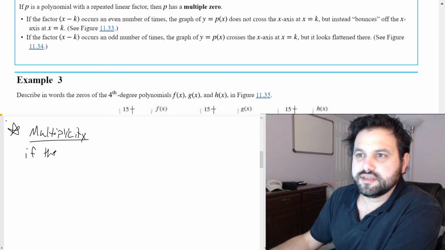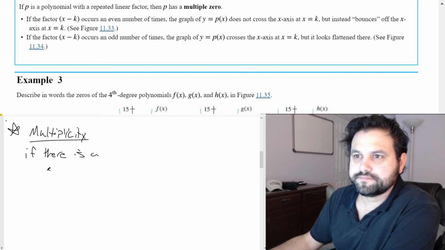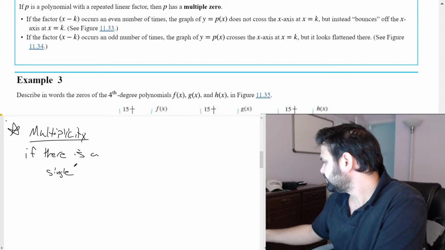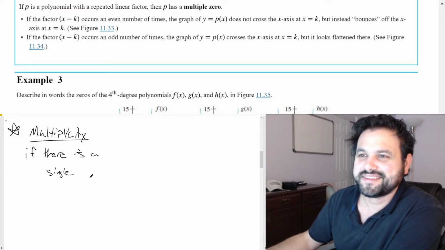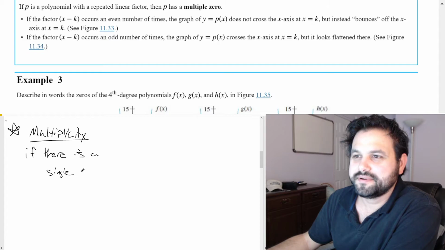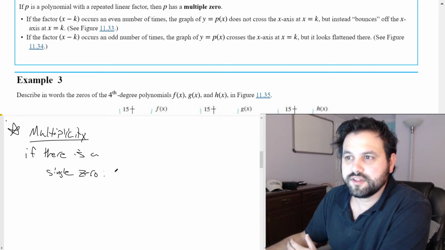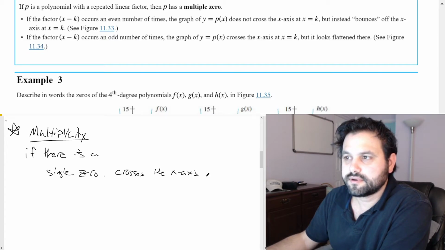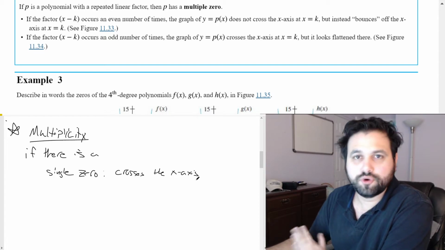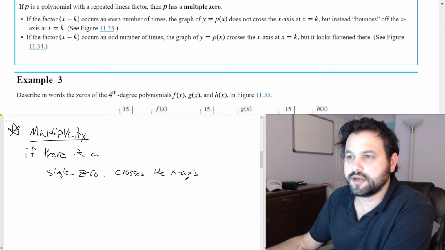If there is a single zero, then the function itself crosses the x-axis kind of normally, right? It just goes through, okay?